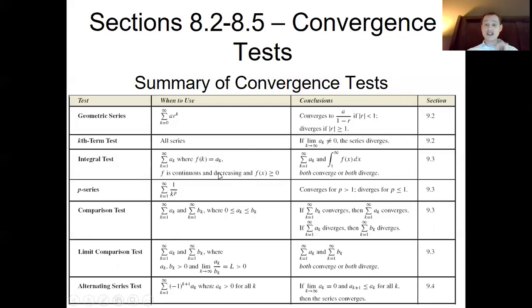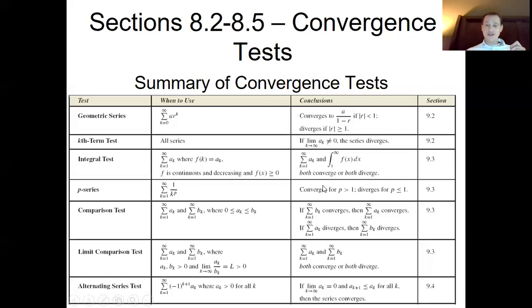Now, this is a special case of the integral test. You don't really need to have this one, because if you think of your k's as x's and you had 1 over x to some power, going from 1 to infinity, couldn't you just write that as the integral from 1 to infinity of 1 over x to that power? Yes, you could. If you did the integral test on this series, you would find the following rules apply.